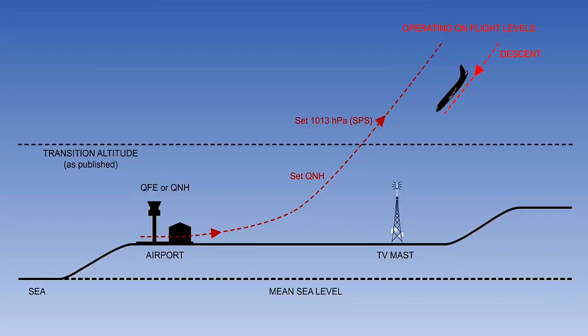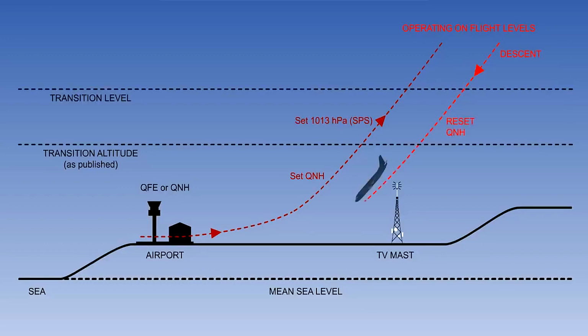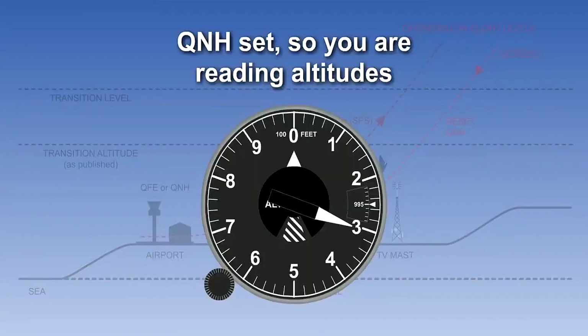This is still a difference of 105. Therefore, the vertical distance of the transition altitude from the surface does not vary with surface pressure. It is the same from day to day, and so it can be permanently published in aeronautical information documents.